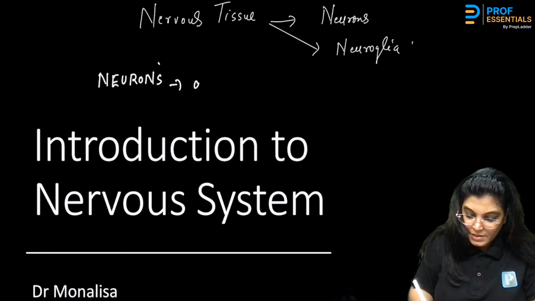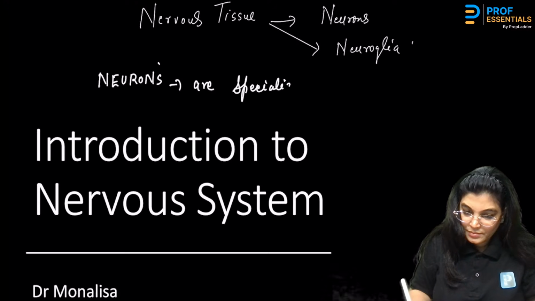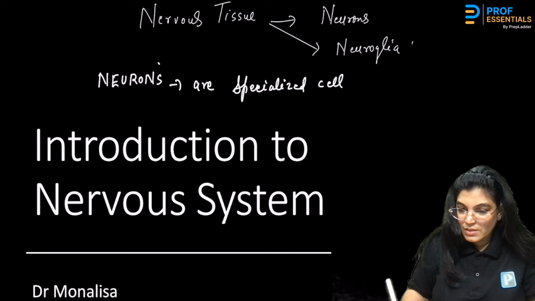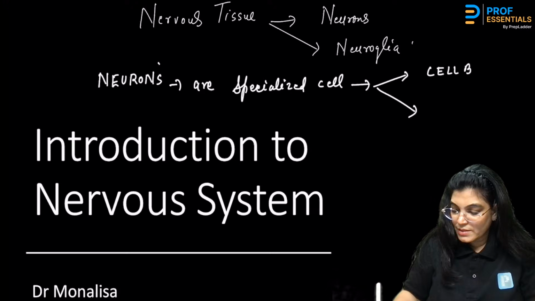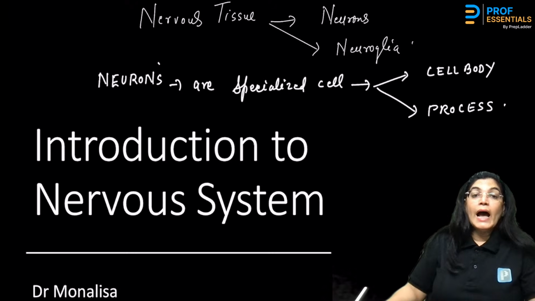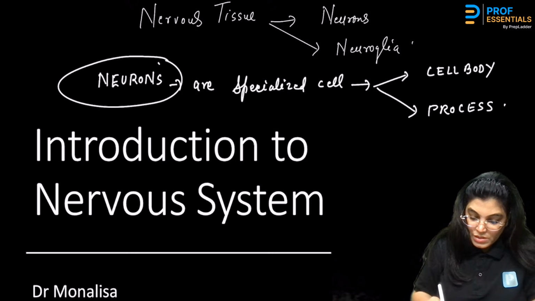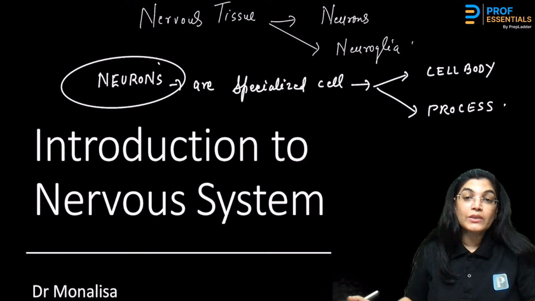Neurons are specialized cells which consist of a cell body and processes. They consist of two important parts: cell body and its process. And the neurons are the fundamental structural and anatomical unit of the nervous system.